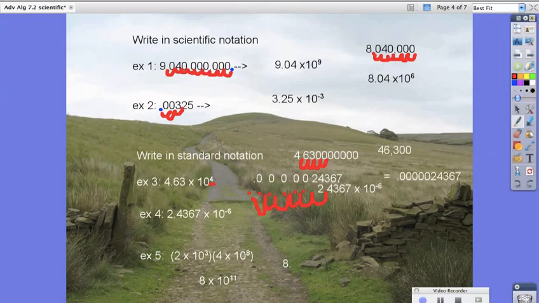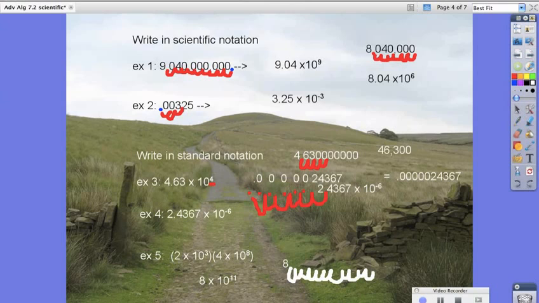So it's moving once, twice, 3, 4, 5, 6, 7, 8, 9, 10, 11. If you count, there's 11 holes.